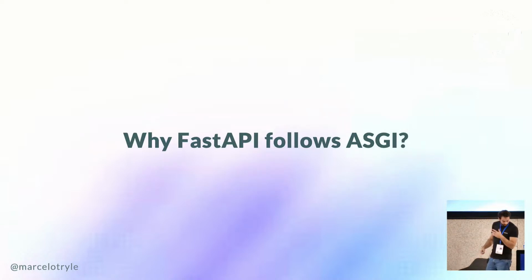So, why does FastAPI follow ASGI? Well, pretty much it's because FastAPI is a class that inherits from Starlette. And since Starlette follows ASGI, FastAPI just gets that. I don't think there was a bigger thought on what FastAPI could do. There was no option because Starlette follows it. And Starlette was created 6 years ago by Tom Christie.